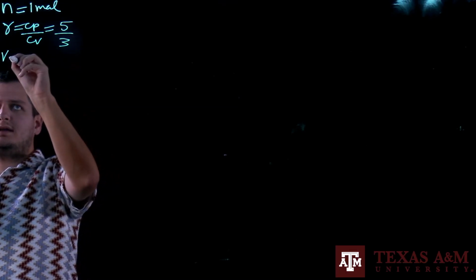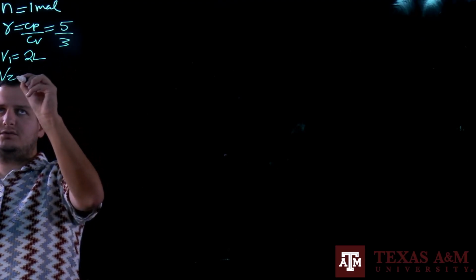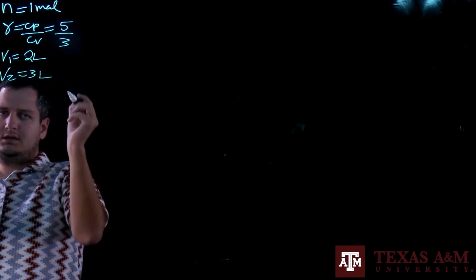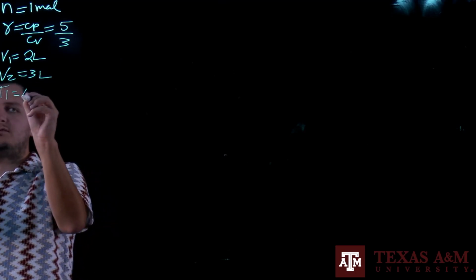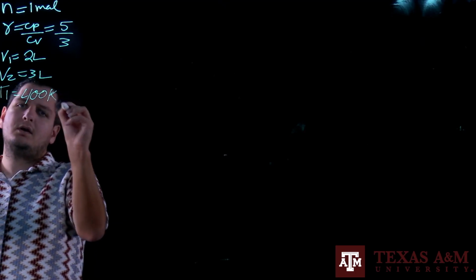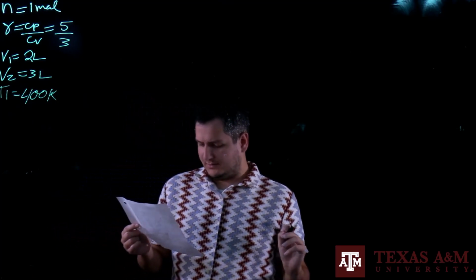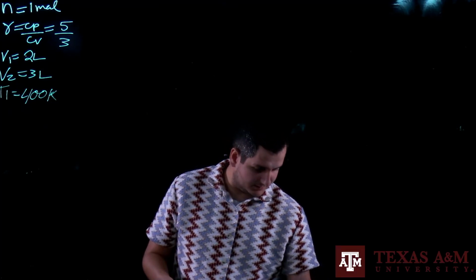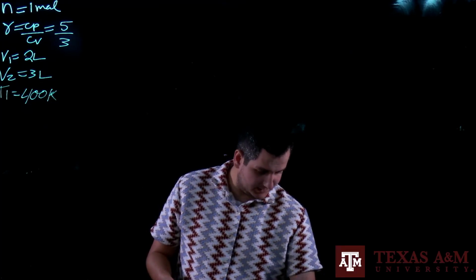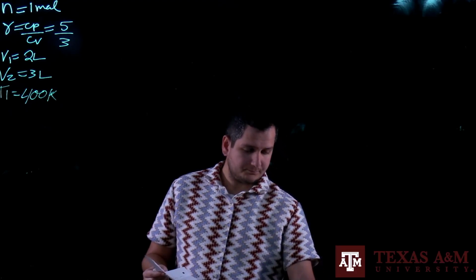We have V1 is equal to 2 L. We have V2 is equal to 3 L. And T1 is equal to 400 K, right? So we need to calculate T2, and we need to calculate delta U, Q, and W, okay?